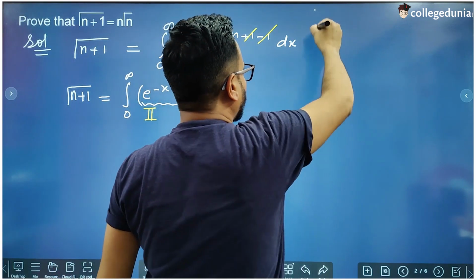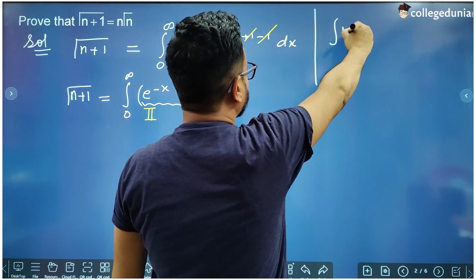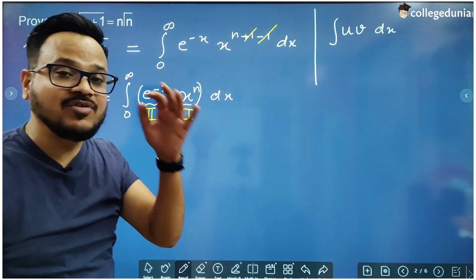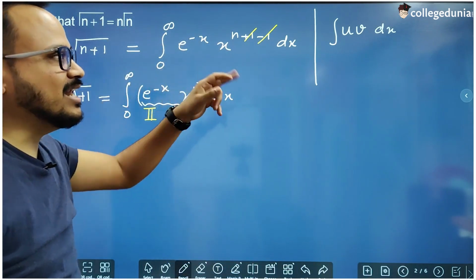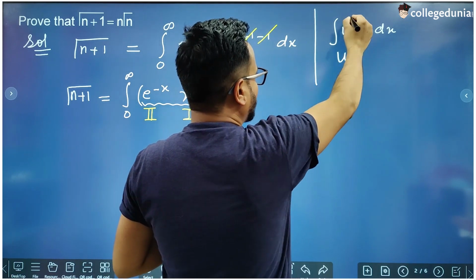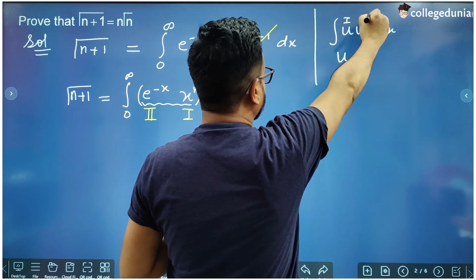What is by parts rule in integration? If you have two functions u and v, and both u and v are functions of x, then integral of uv dx is what? Suppose this is your first function and this is your second function.